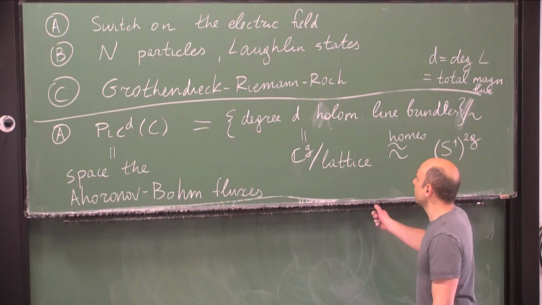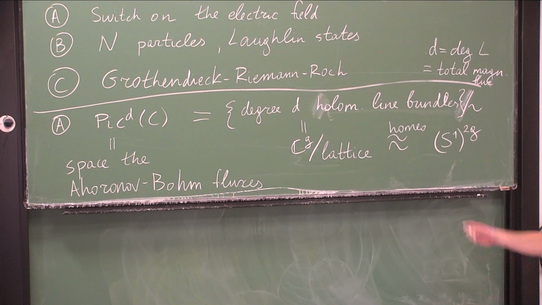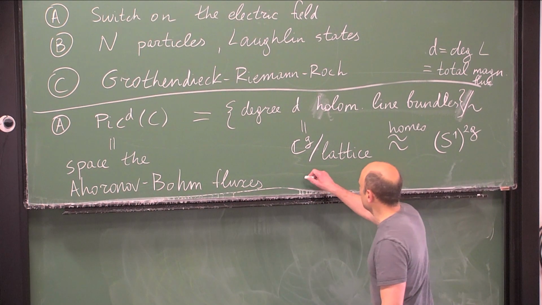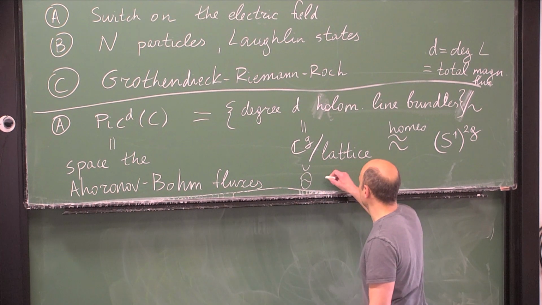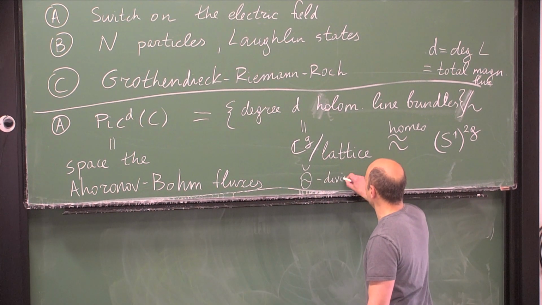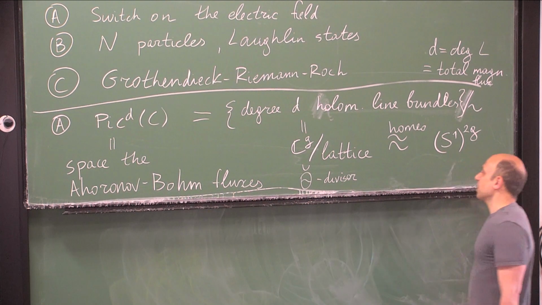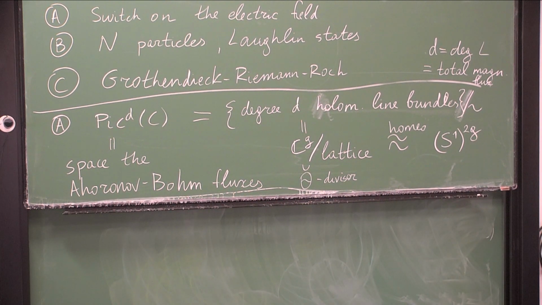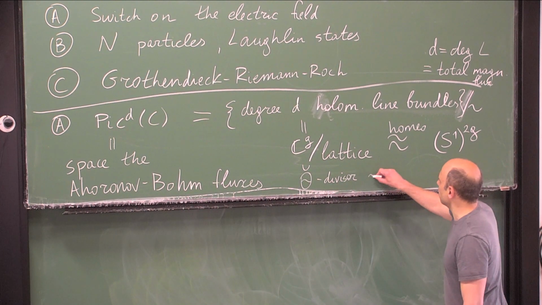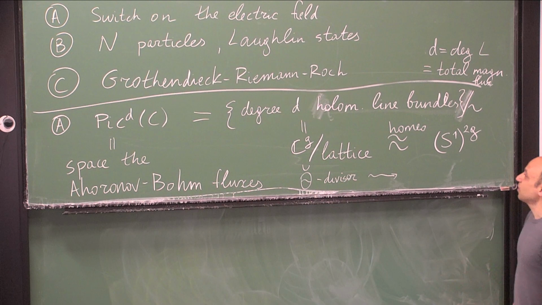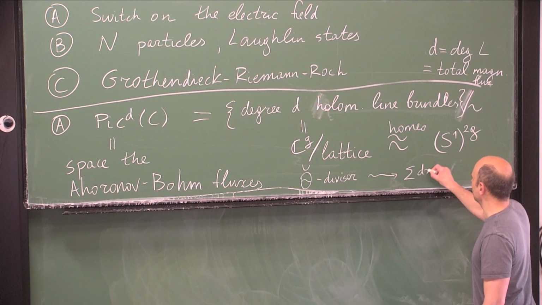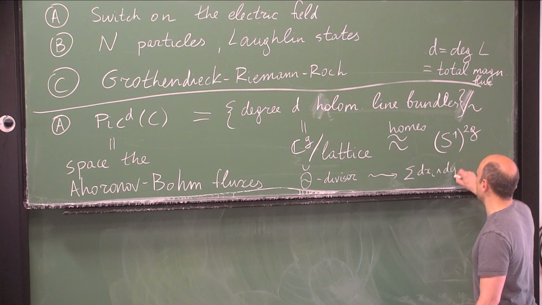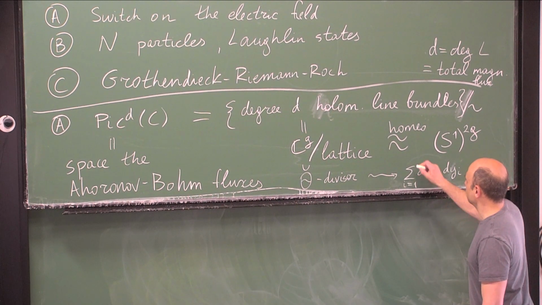Okay, and one thing. There is a theta divisor inside here. It's a complex codimension 1 subvariety, and its Poincaré dual cohomology class is what I wrote somewhere. I think I erased it. It's the sum of dx_i dy_i for i going from 1 to g.